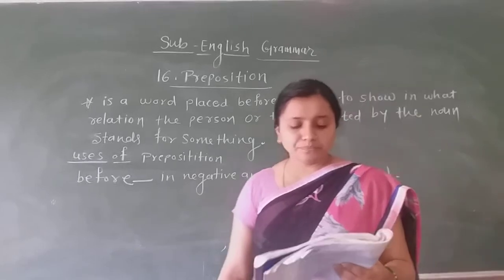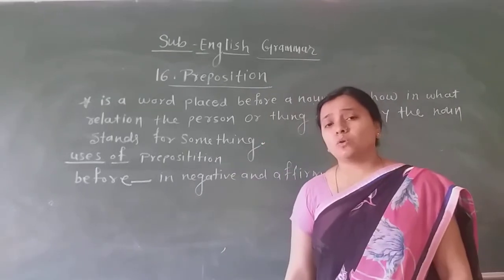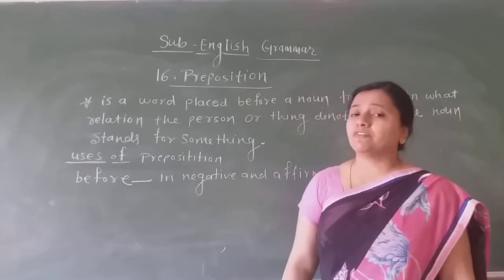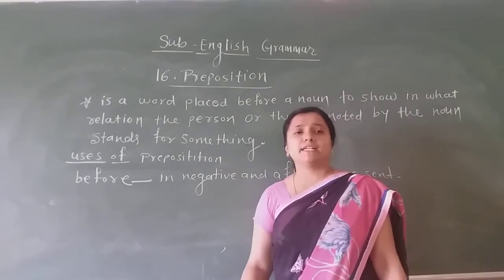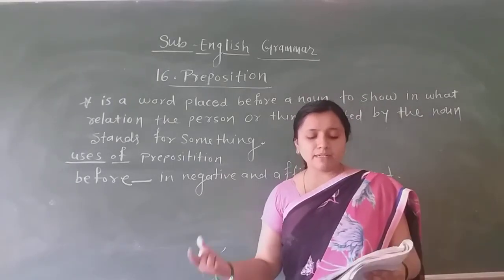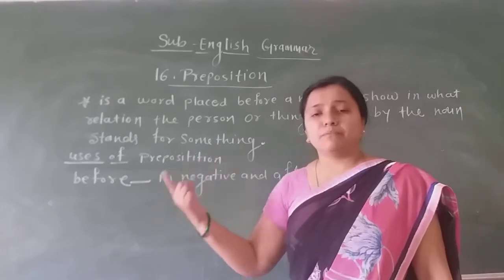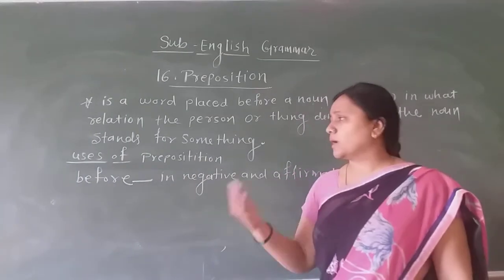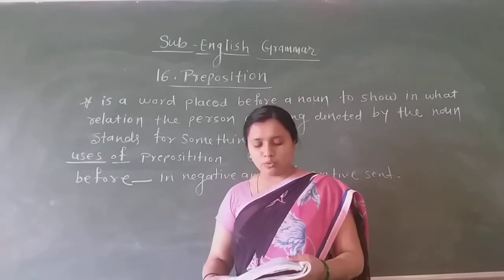For example, I shall be there before 6 o'clock. If you talk about an affirmative sentence, it will be: I shall be there before 6 o'clock. मतलब मैं वहाँ 6 बजे तक पहुँच जाऊँगा, या फिर मैं वहाँ 6 बजे तक रहूँगा.